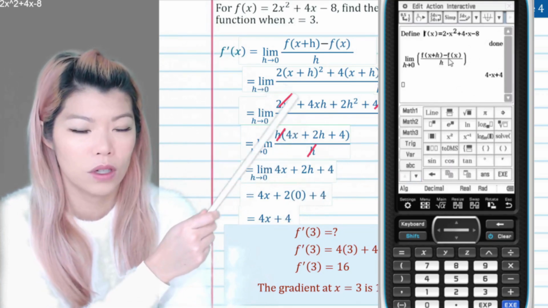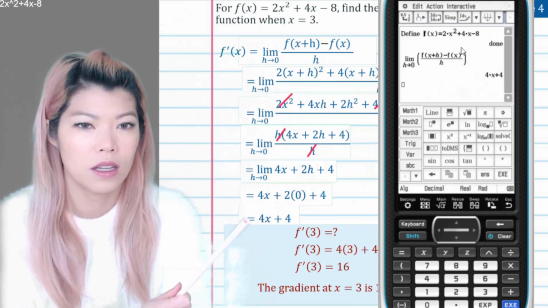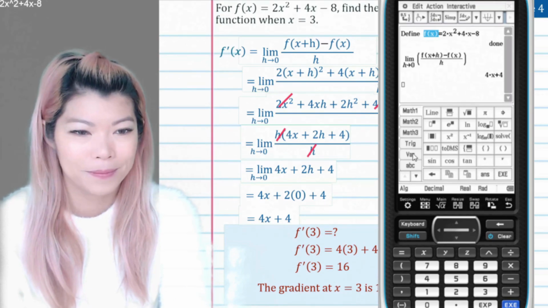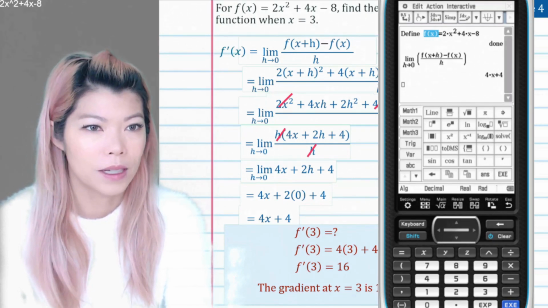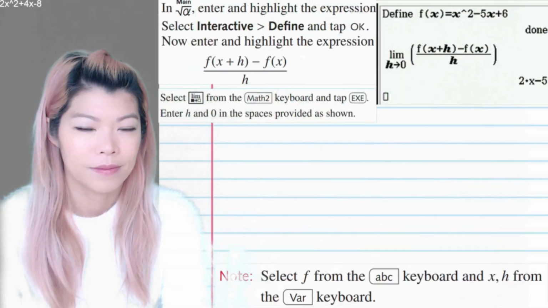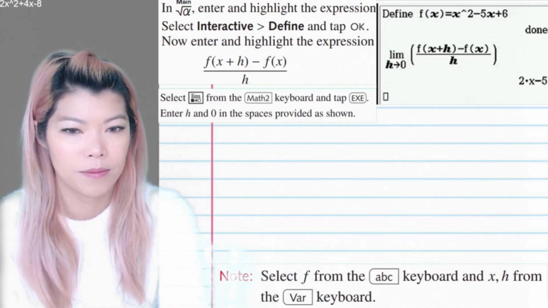So be very careful with those two things, otherwise your calculator can be confused. But as you can see, the easiest way to do it was to just drag and drop it into the empty spaces. I want to hack the calculator now. So here's the instructions. Again, it just says that be careful with the ABC and the variable.